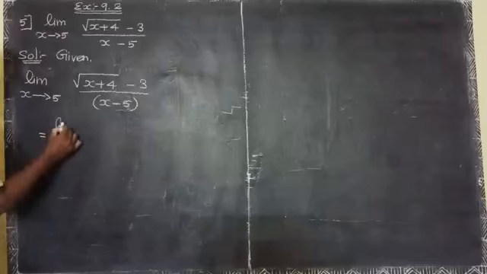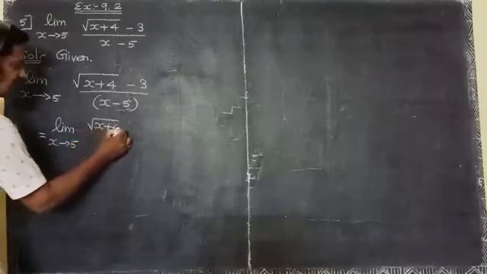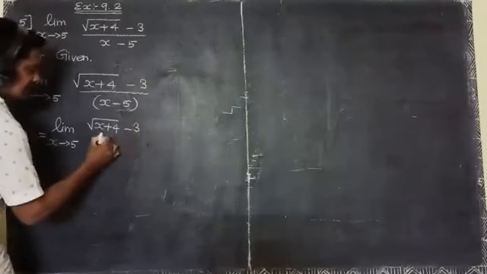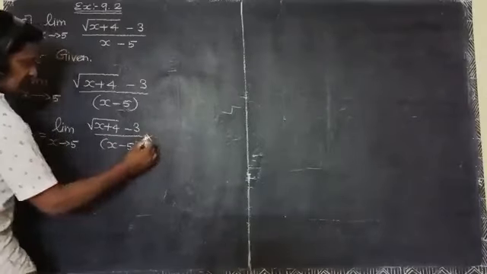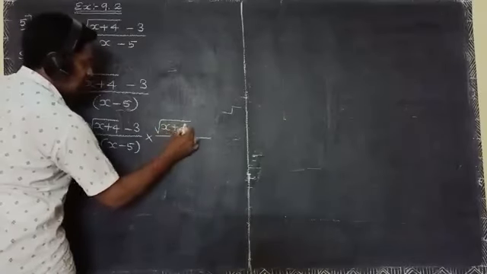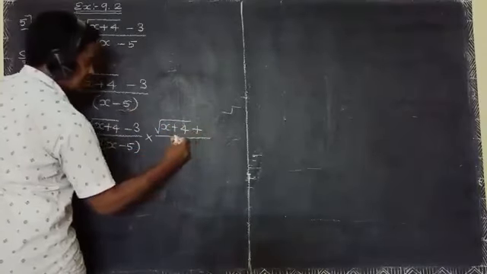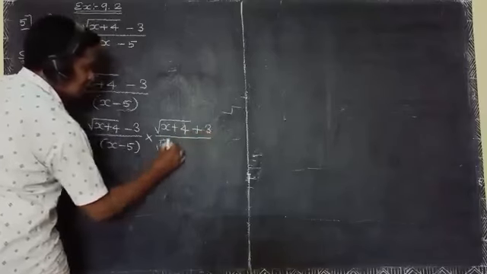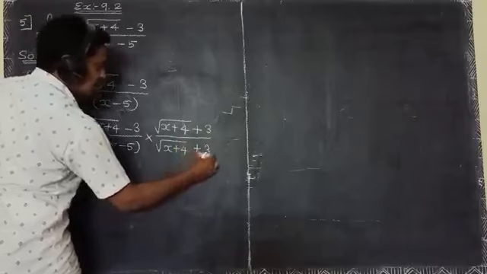That is limit x approaches 5, square root of x plus 4 minus 3 divided by x minus 5, into square root of x plus 4 plus 3 divided by square root of x plus 4 plus 3, where the conjugate means the opposite sign.